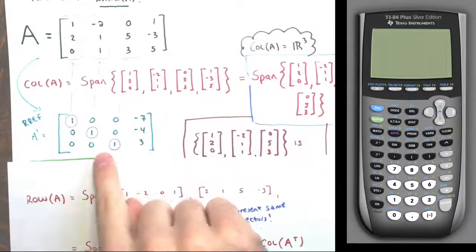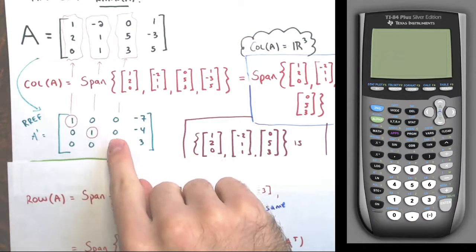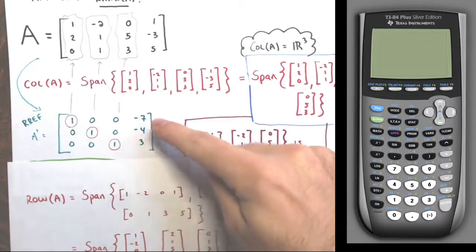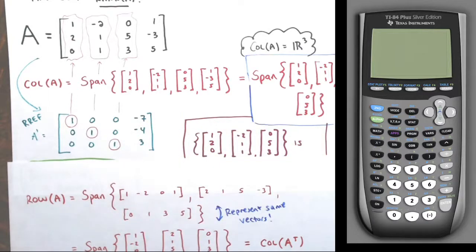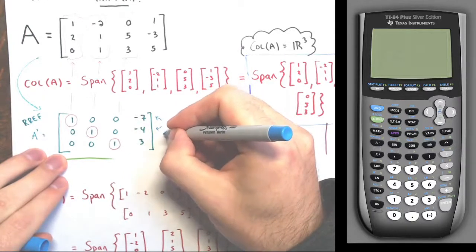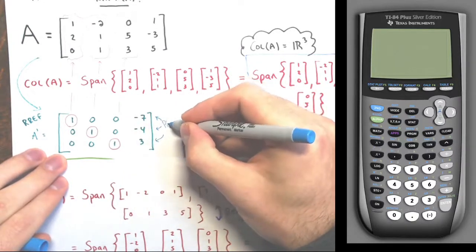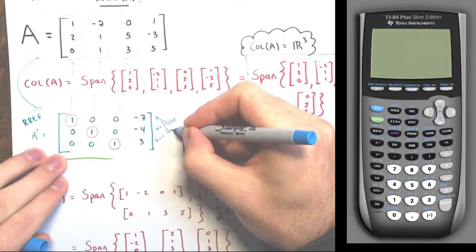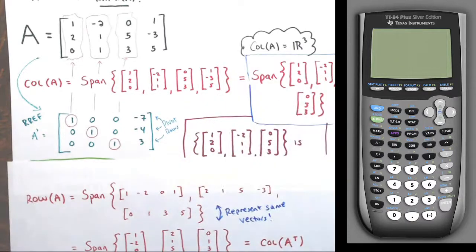So remember earlier I said don't take the pivot columns as your basis, but you can take the pivot rows for the basis of the row space. If you aren't familiar with this, I pointed this out in a previous video: the pivot rows do form a basis for the row space.